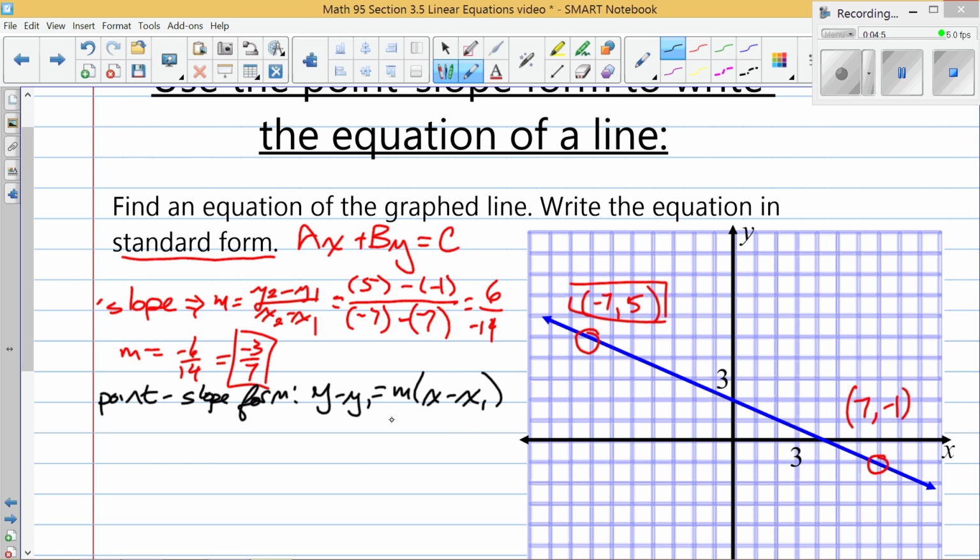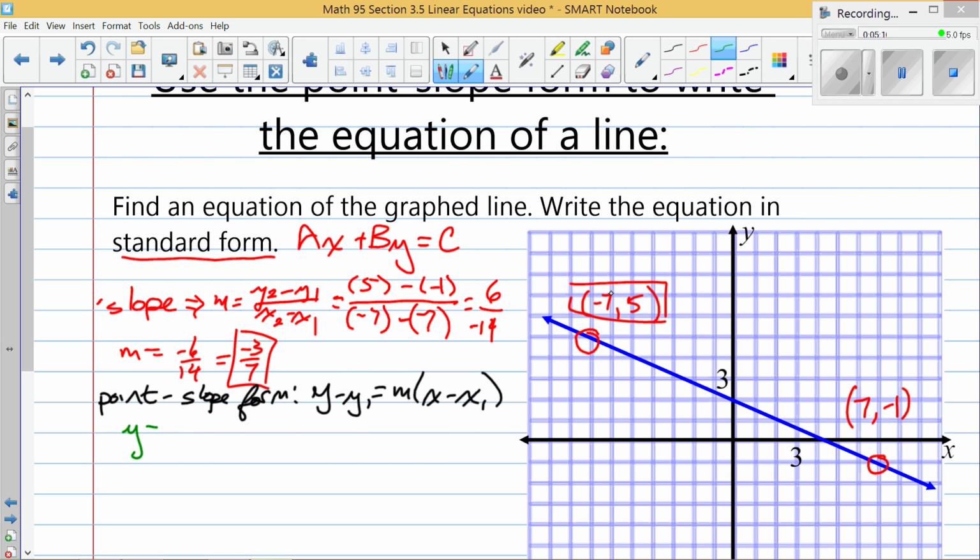And remember that y and x are our placeholders for our variables. The y1 and the x1 are the coordinates of one of our points. So at this point, I'm going to plug in my slope and one of my points and continue from there.